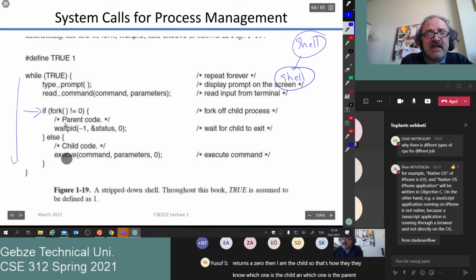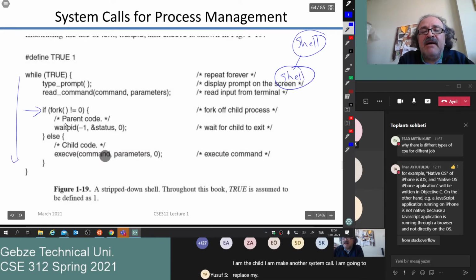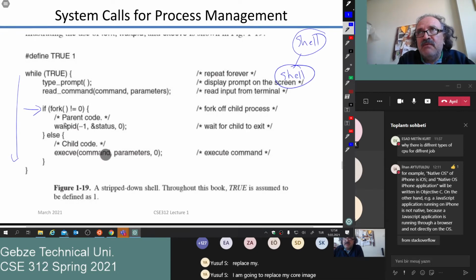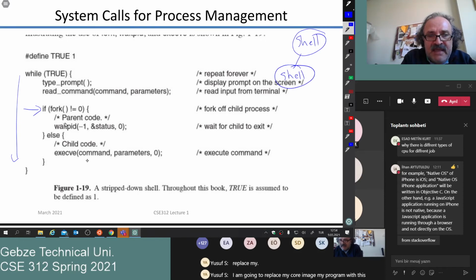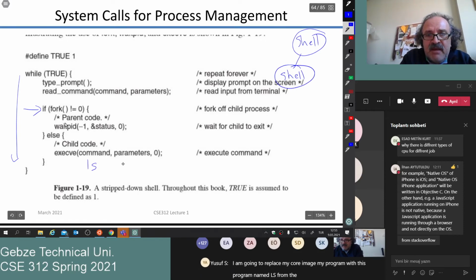So if I am the child, I make another system call. I am going to replace my core image, my program, with this program named ls from the disk, and my parameters are ALRT.